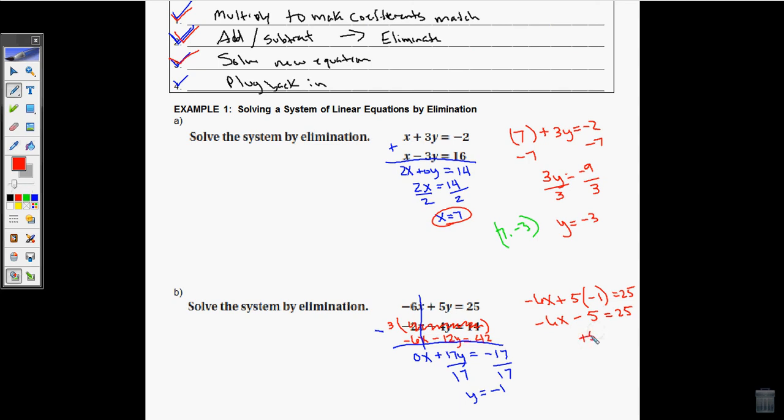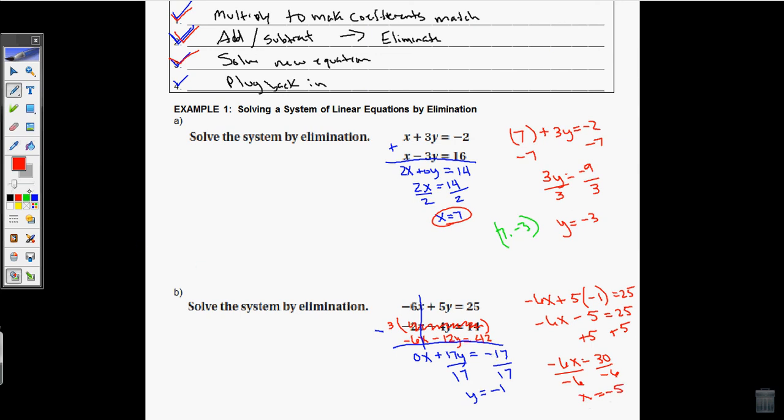Add 5 on both sides. Oops. Getting ahead of myself, putting equal signs in places. Plus 5. So that means negative 6x equals 30. I divide by negative 6 and divide by negative 6. And I get that x is equal to negative 5.